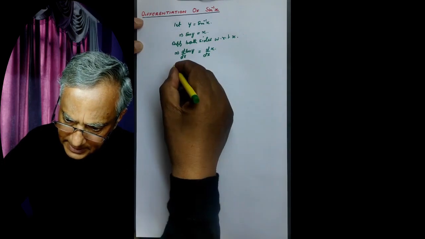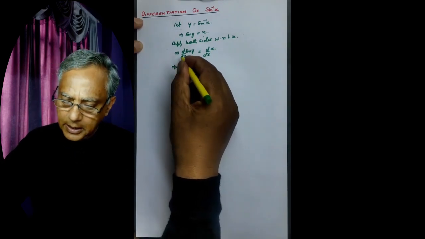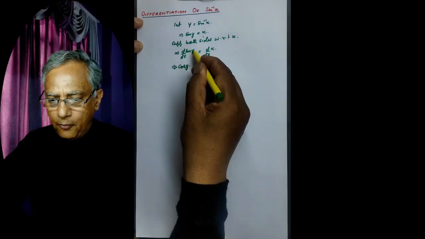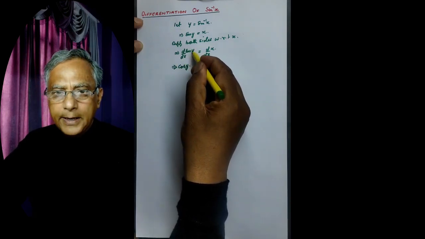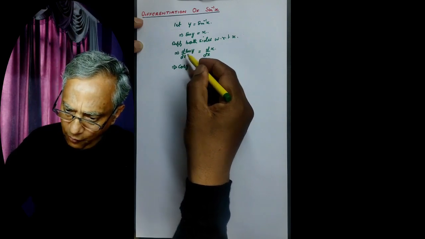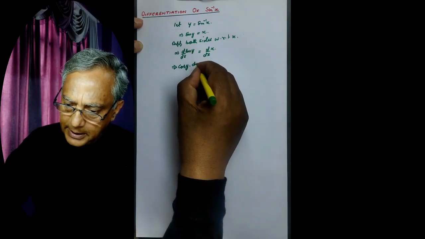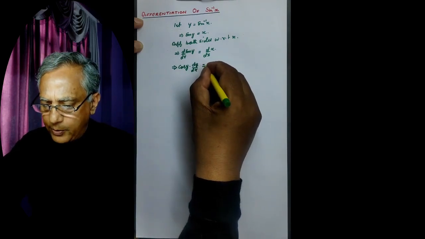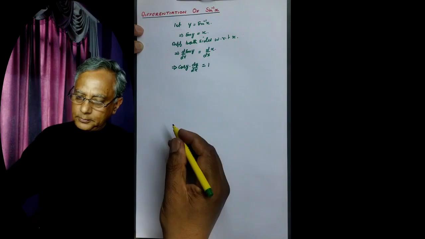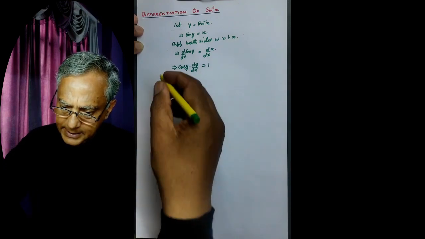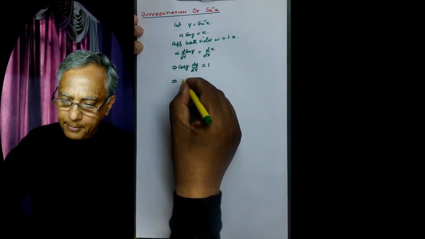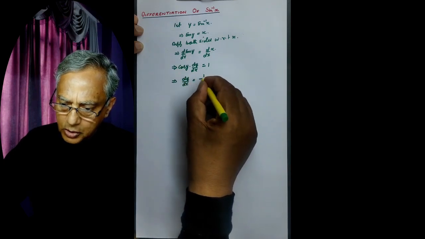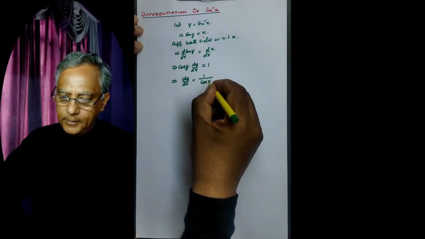Differentiation of sine is cos y. Now a formula for x is being used for y, so we must take the differentiation of the inner function, that is y. This must be equal to d by dx of x, which is 1. And this implies dy by dx is equal to 1 upon cos y.